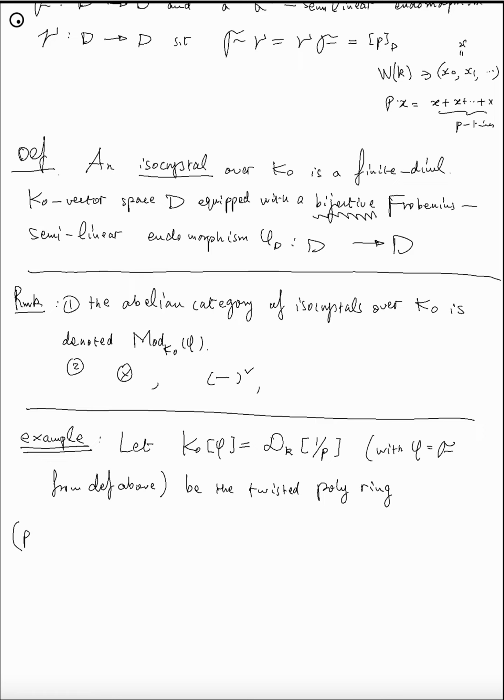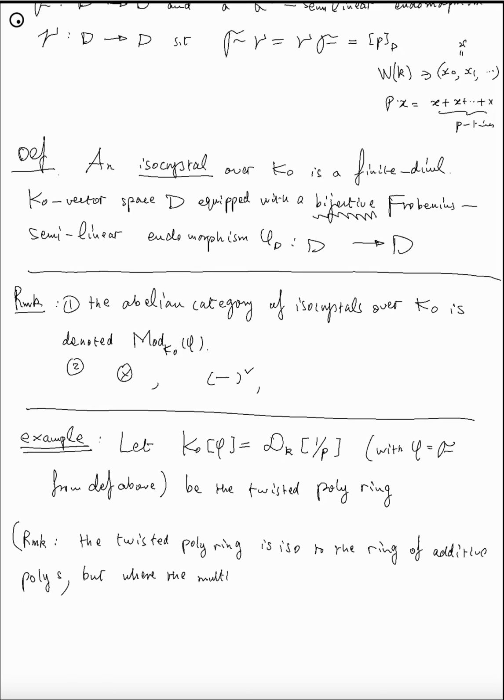Let me put a small remark. The twisted polynomial ring is isomorphic to the ring of additive polynomials, but where the multiplication on the latter is given by composition rather than ordinary multiplication.